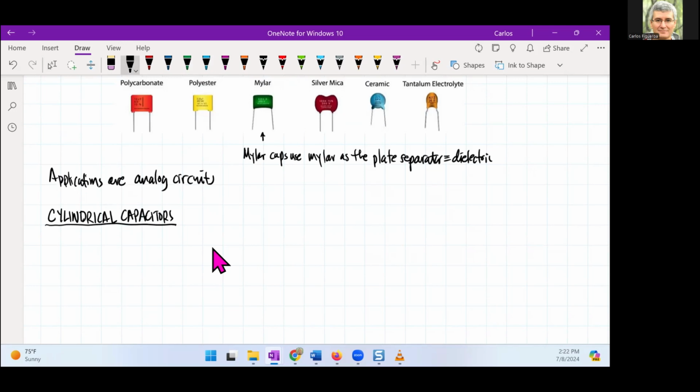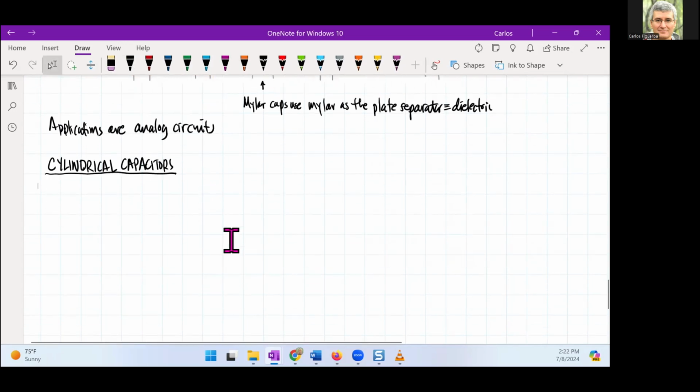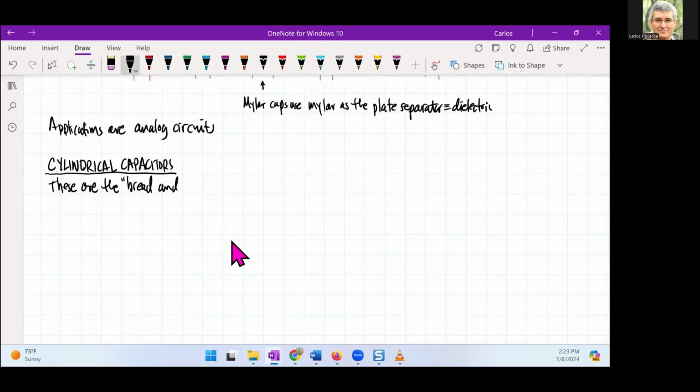And cylindrical capacitors are, for lack of a better word, bread and butter for ordinary applications.